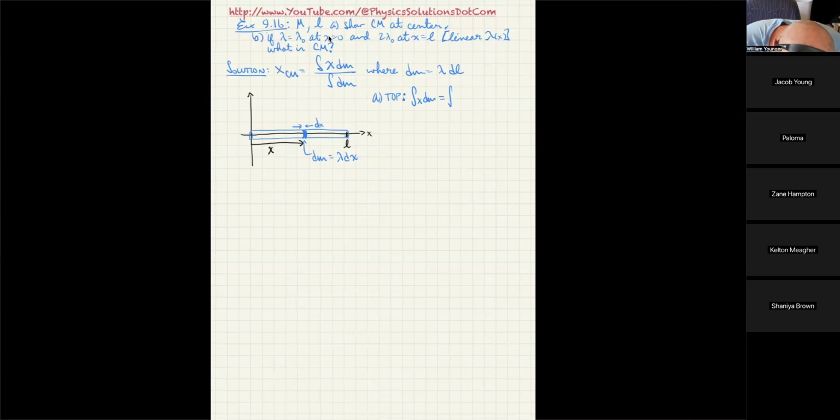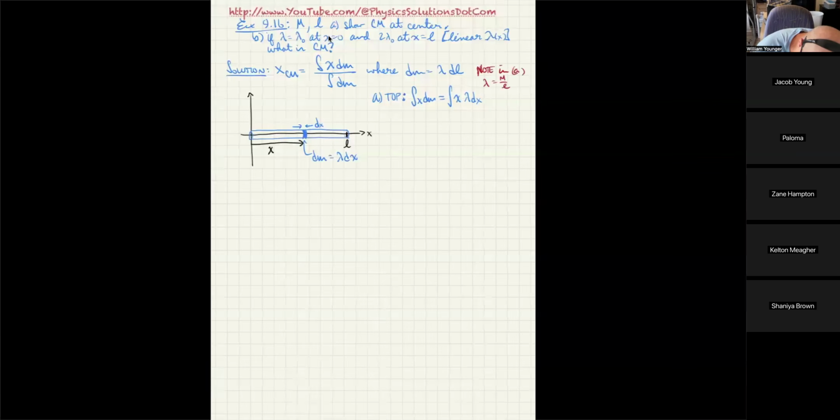So in this case, the integral of x dm is equal to the integral of x times lambda dx. And of course, lambda is a constant. In fact, if you want to know what lambda is, technically it's just M over L. So note, in A, lambda equals M over L. That's all we're using there.